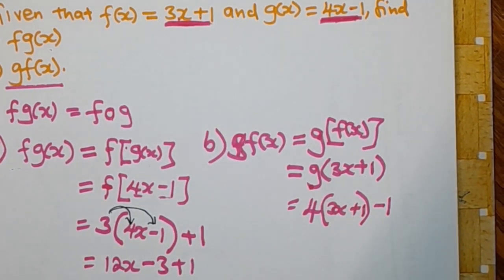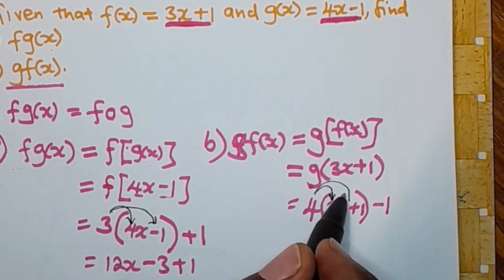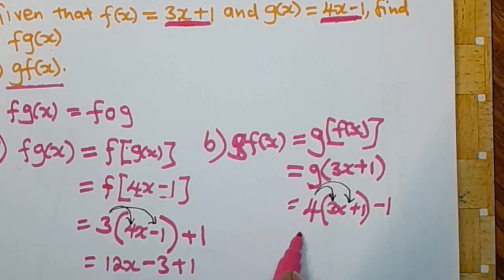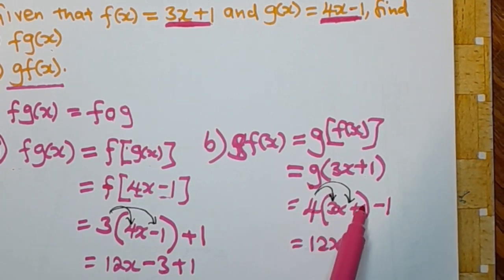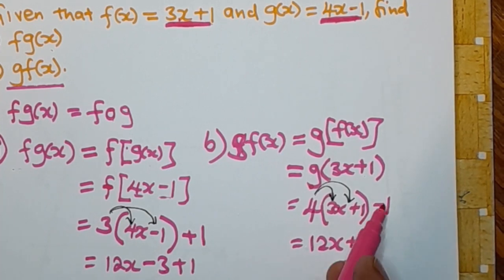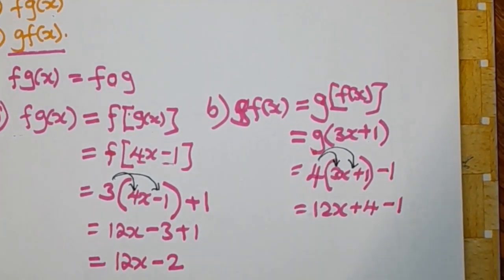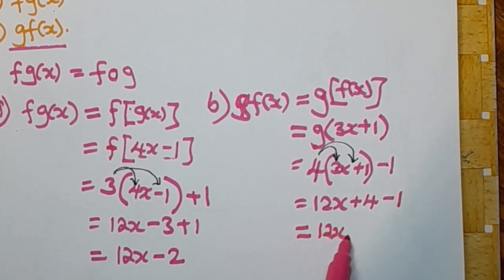Again, you apply the distributive law. You multiply the outside term with everything in the brackets. You just expand there. So 4 times 3x is 12x. 4 times 1 is 4. Then minus 1. Okay? Then here you just simplify. So you have 12x. 4 minus 1 is 3.